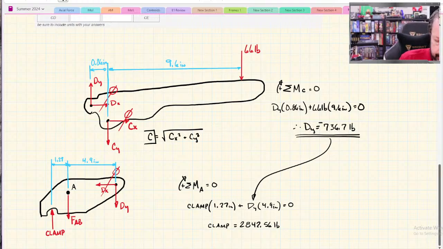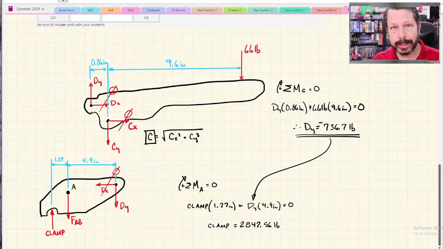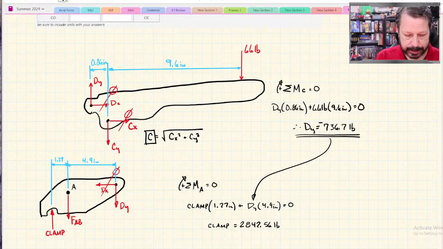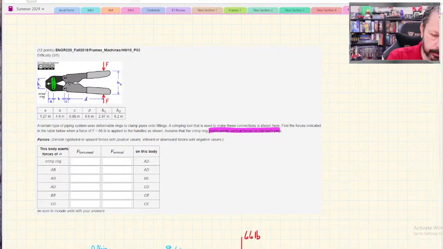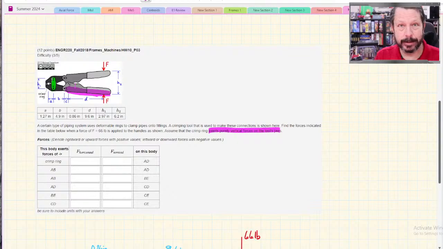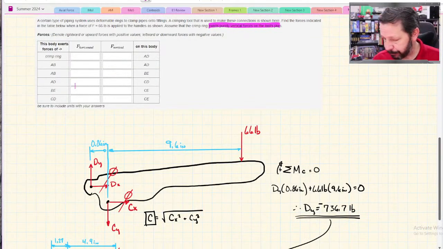And C is the thing I would be interested in on the exam. I wouldn't really care if you think it's positive or negative, because it depends on which C you're talking about, the one there or the one on the other part, which we didn't draw, because one of them is one direction and the other is the opposite direction. So I'm really interested in the magnitude.